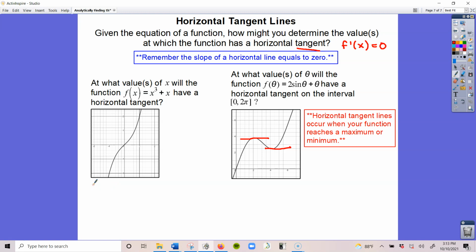If we have that f of x is equal to x to the third plus x, then the derivative f prime of x is going to equal 3x squared plus 1. To figure out the x value, because that's what this says, at what values of x will the function have a horizontal tangent, we would make our derivative equal to 0. And then we would solve for x. So I would have to subtract the 1, so 3x squared is equal to -1.